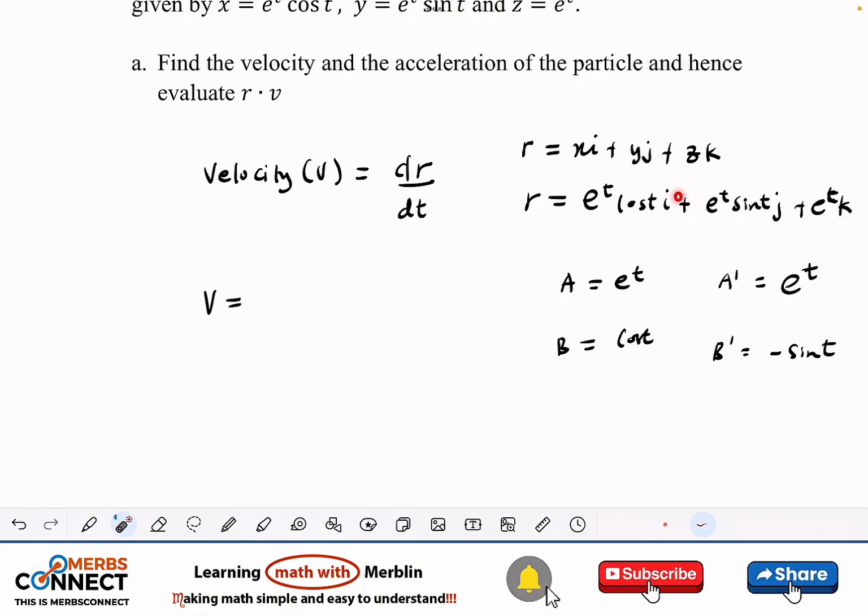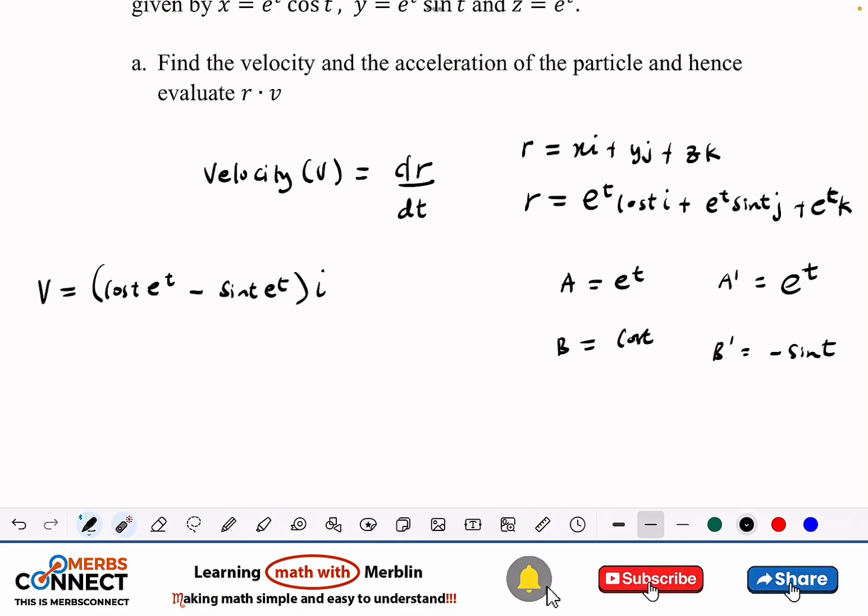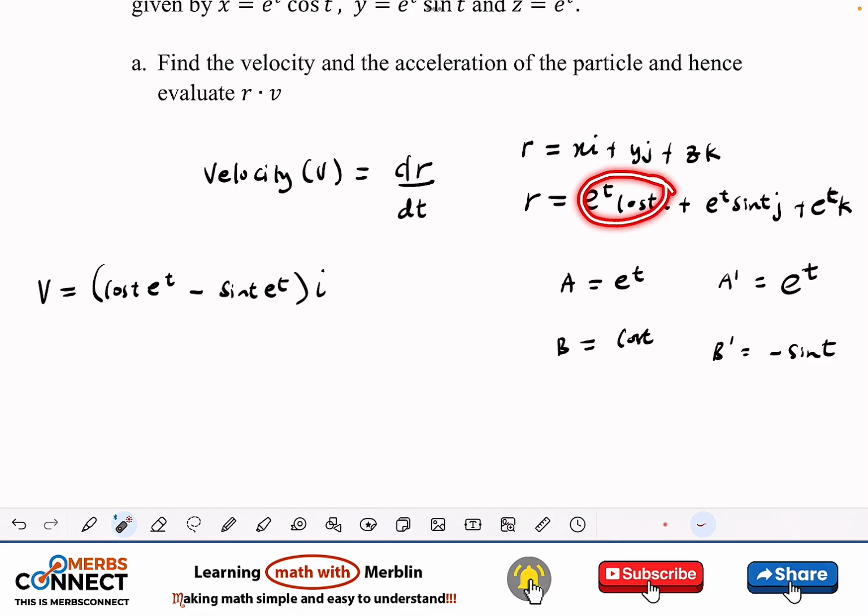For me to differentiate, I need to multiply this one to that and this one to that. Good. So my v is going to be equal to cos t e^t minus sine t e^t i. So this is just the i direction.